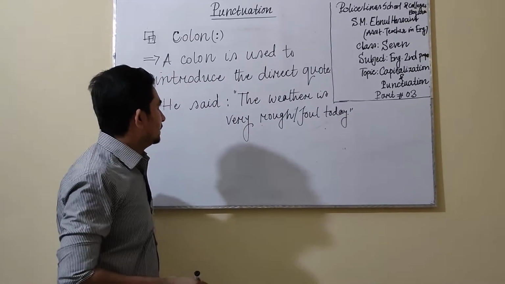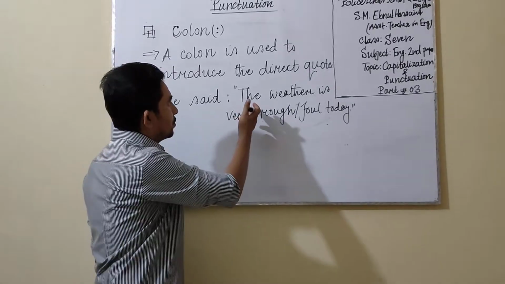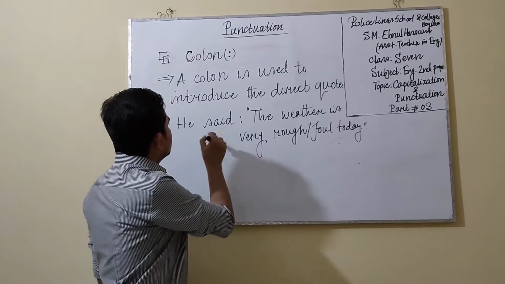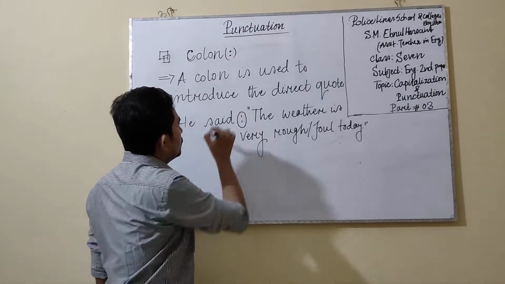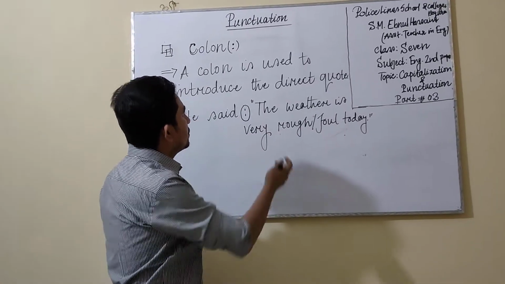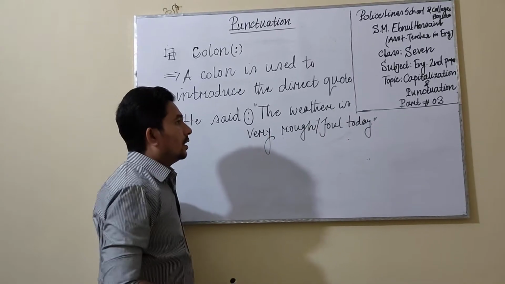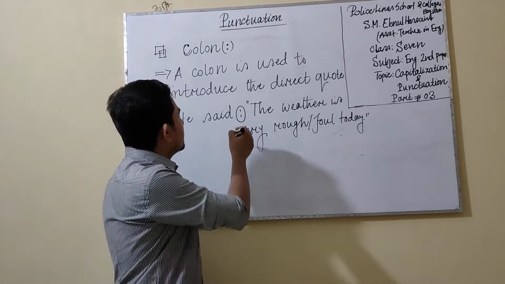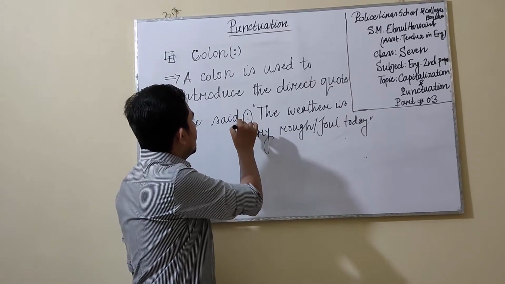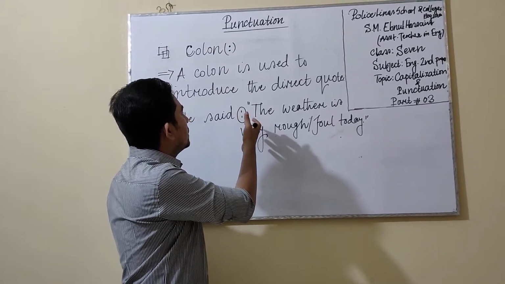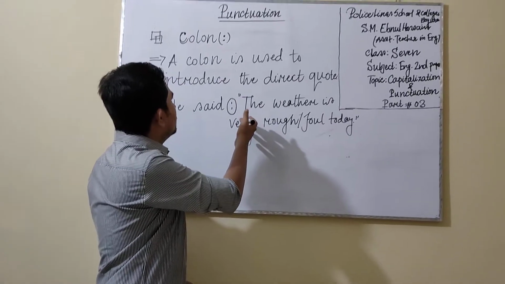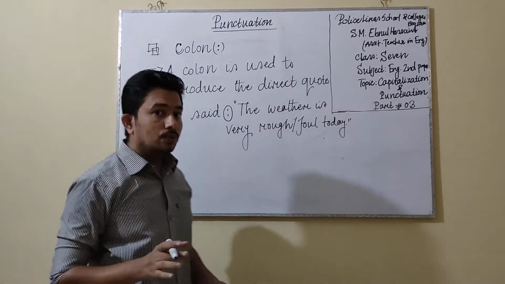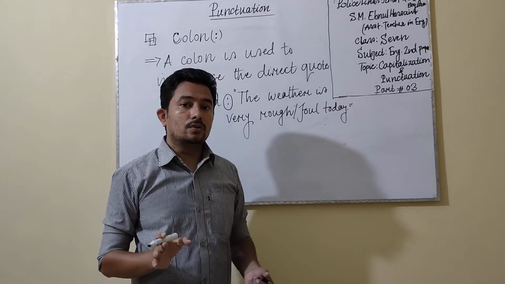So we can see that here is the direct quote, the weather is very rough today, but here the colon is used to introduce this direct quote. You should know that in this situation, a comma can also be used to introduce the direct quote. So these are the two major uses of colon.